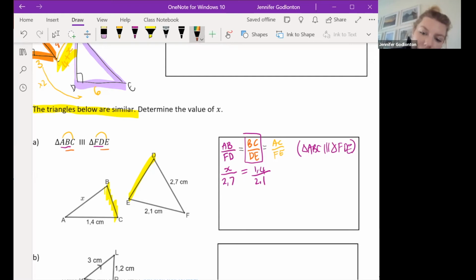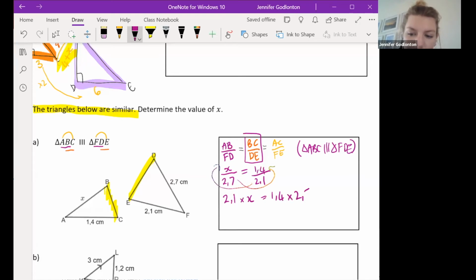First step then would be to multiply this up here and multiply that up there. So we're going to say 2.1 times x, or you can just write 2.1x, is equal to 1.4 times 2.7. You don't have to work out what that actually is at this point. You can if you want to.